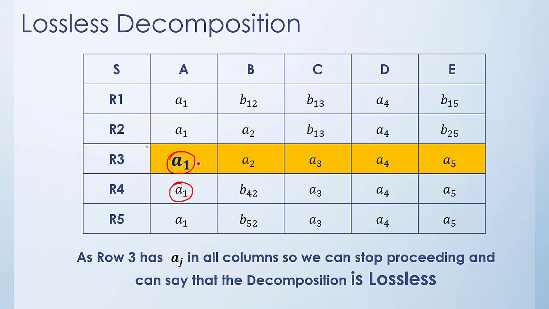Means in row 3 for attribute A I have the symbol A1, for attribute B I have the symbol A2, for attribute C I have the symbol A3, and for the attributes D and E I have the symbols A4 and A5 respectively.